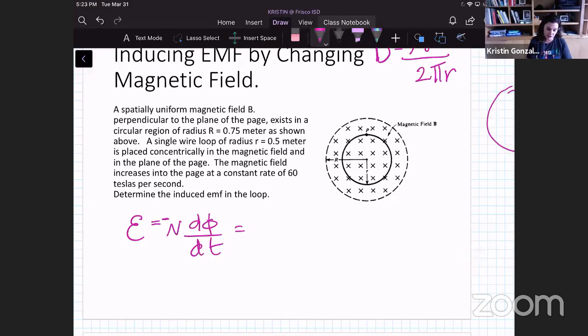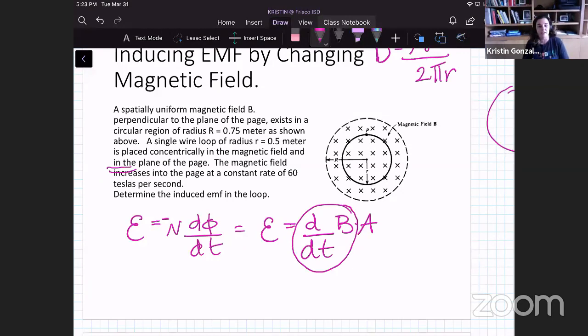So we can say that the induced EMF is equal to the change in flux over change in time, and we know that our flux is going to be B dot A. And so if we say that this is changing at a rate of 60 Teslas per second, and it's changing into the page at that rate, then I can plug in what our change in magnetic field per time is. So that is what our dB over dt is.